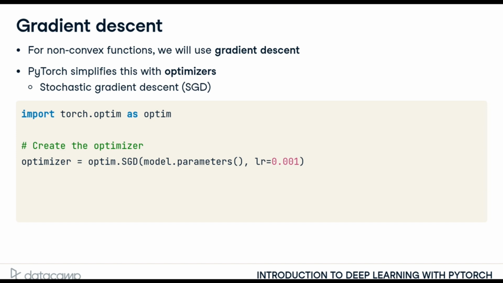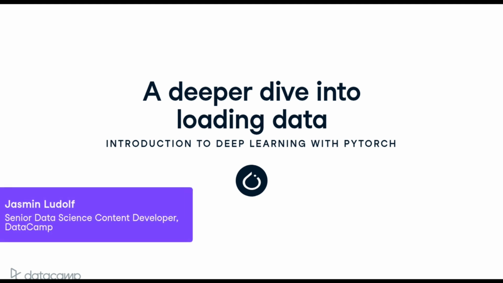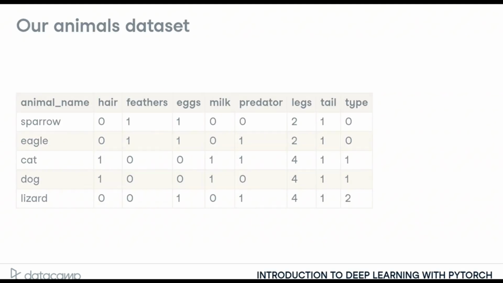We use a standard learning rate, LR, here. The optimizer automatically calculates gradients and updates model parameters with .step(). Magic! It's time to train our neural network.